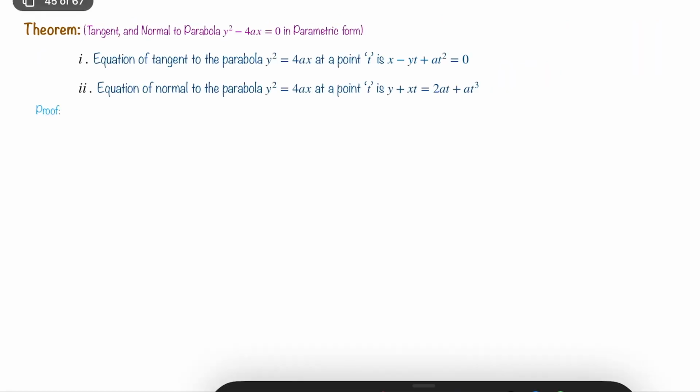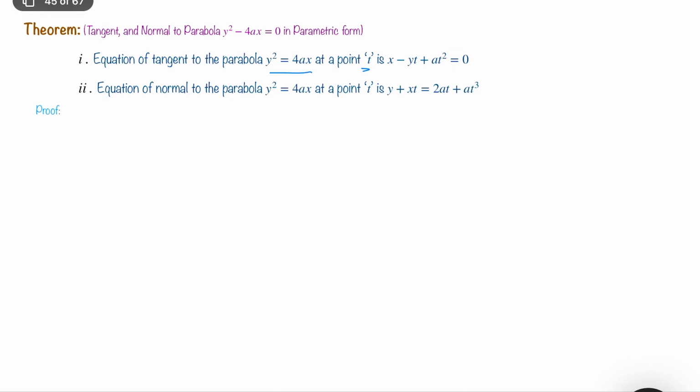Fine. Now we are going to see equations of tangent and normal to the parabola y square minus 4ax equal 0 in parametric form. Here is the theorem with the two statements. Statement 1: equation of tangent to the parabola y square equal to 4ax at a point t is x minus yt plus at square equal to 0.